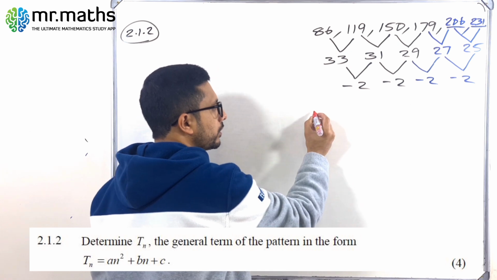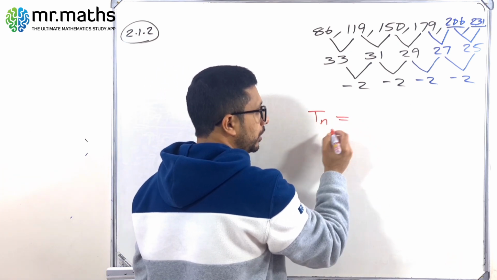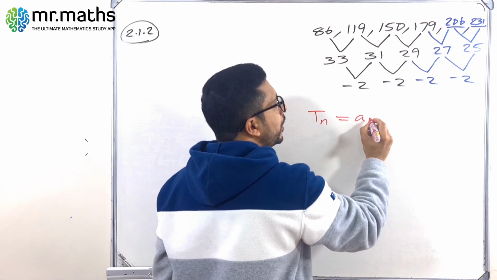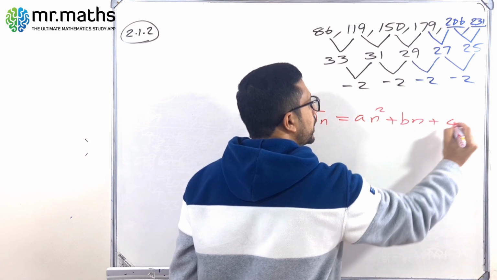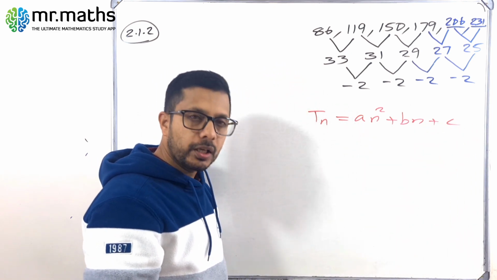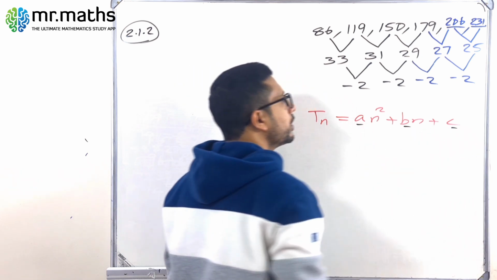Tn is equal to an square plus bn plus c is the general term of a quadratic sequence. Here you have to find the values of A, B and C.